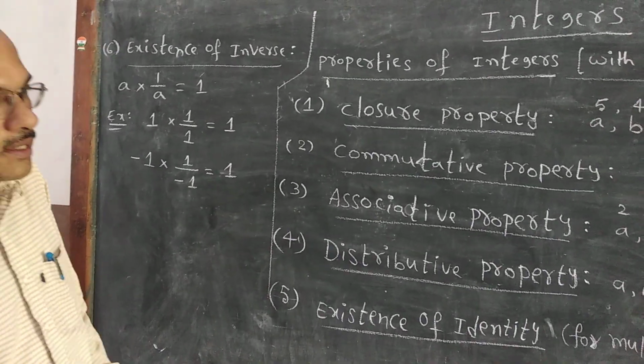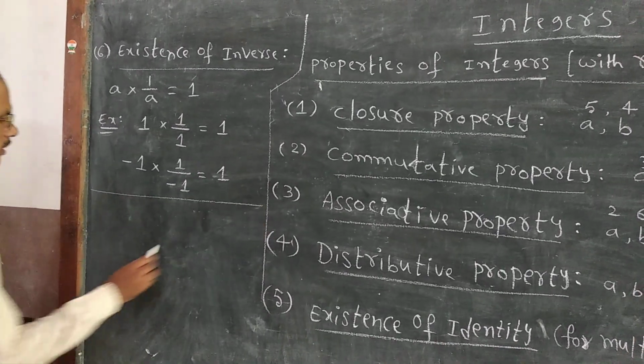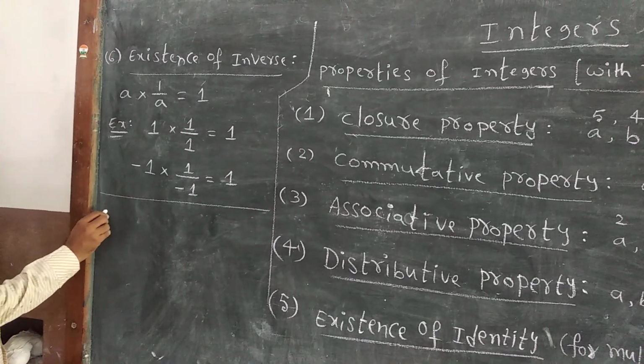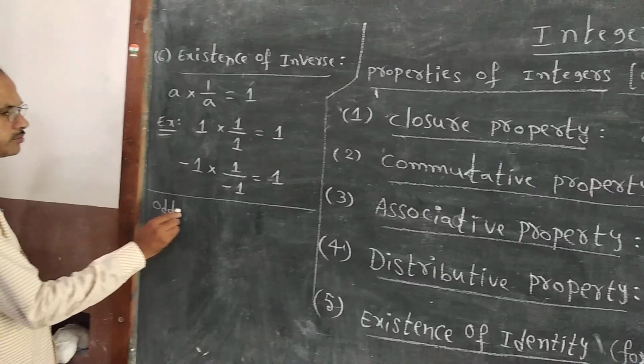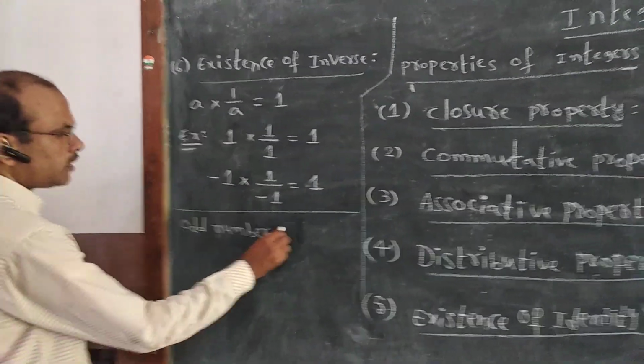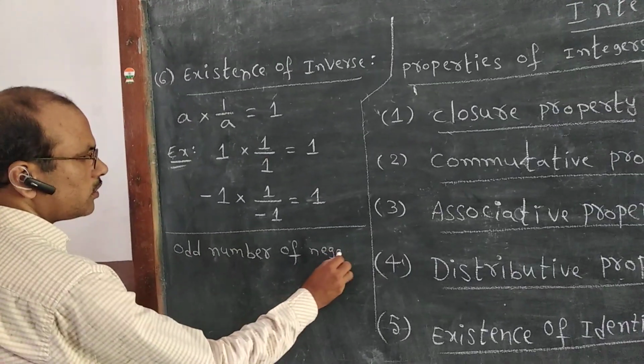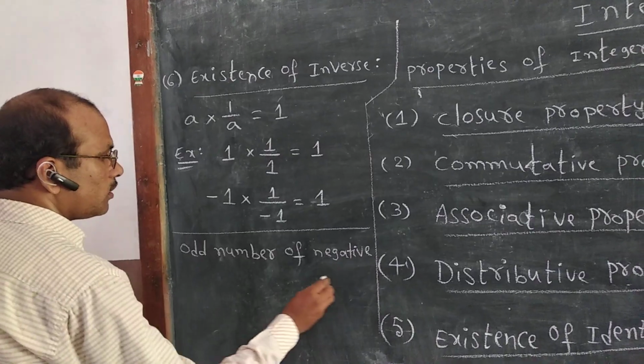That we are going to discuss. Let us see once. Suppose here an odd number of negative integers.